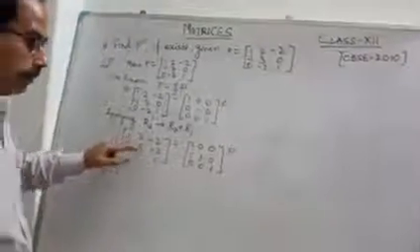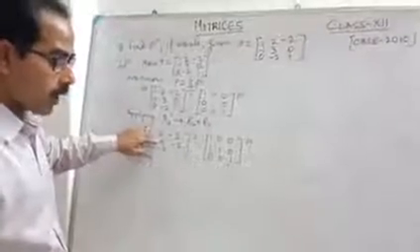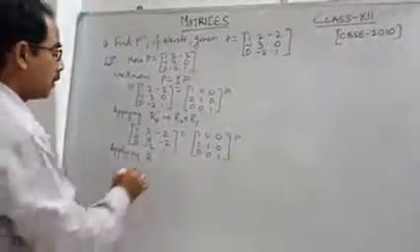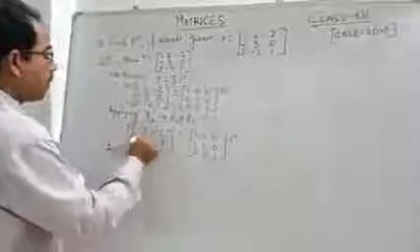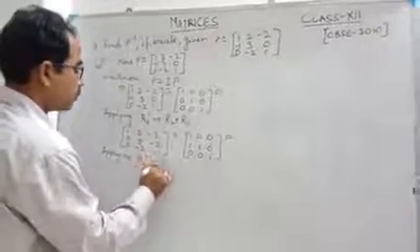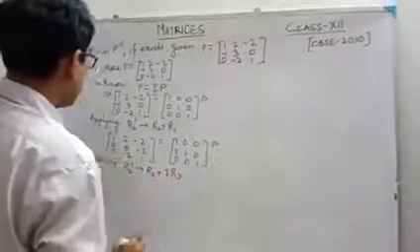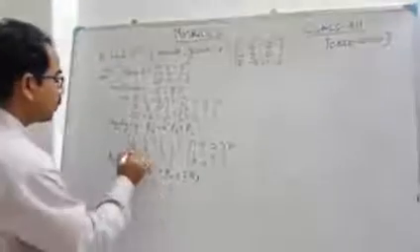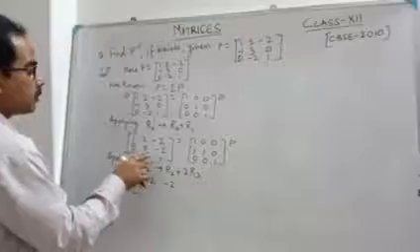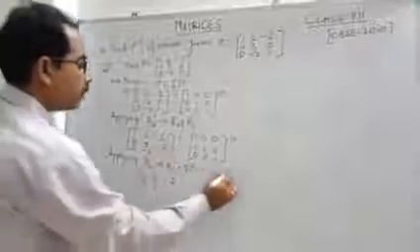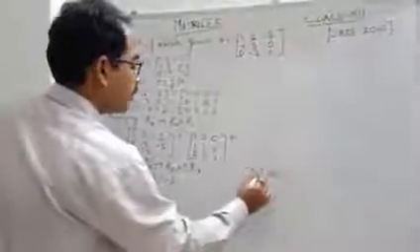Now if we do the operation with R2 plus 2R3, applying R2 prime tends to R2 plus 2R3, then what are we getting? 1 2 -2, here 0 5, 2R3 means what? 2 twos are 4, so automatically here you will get 1, and -2 plus 2 into 1 means 0.